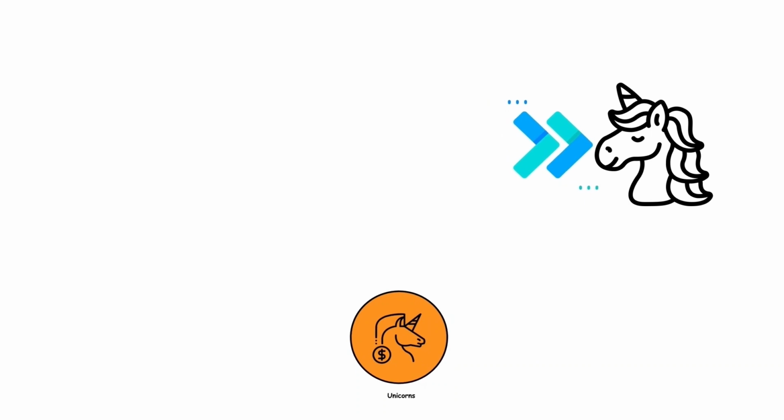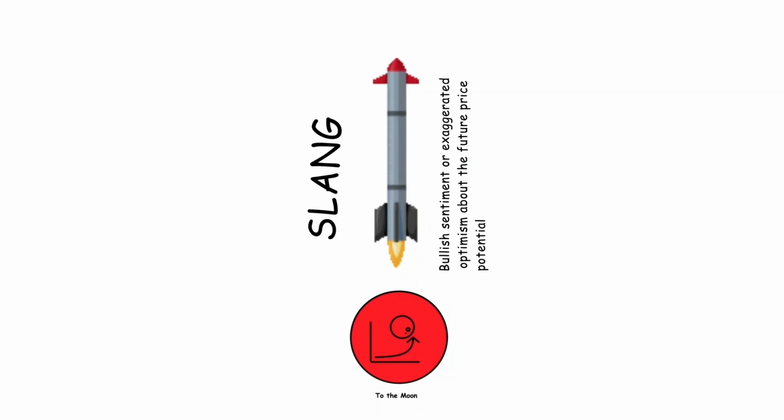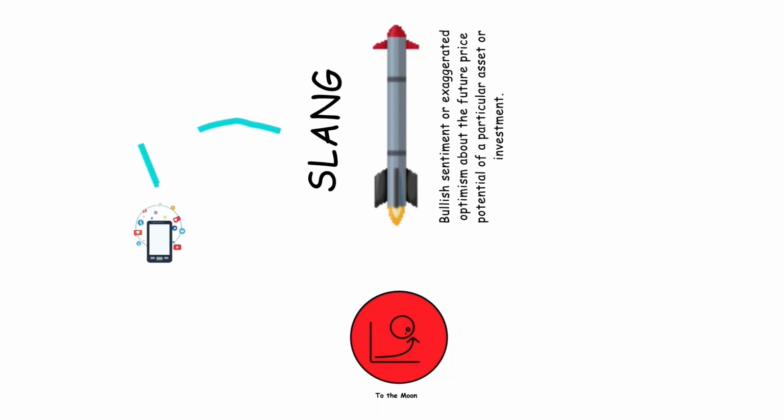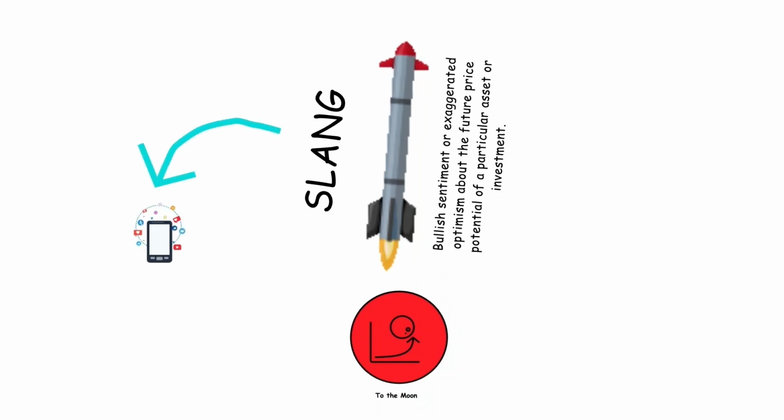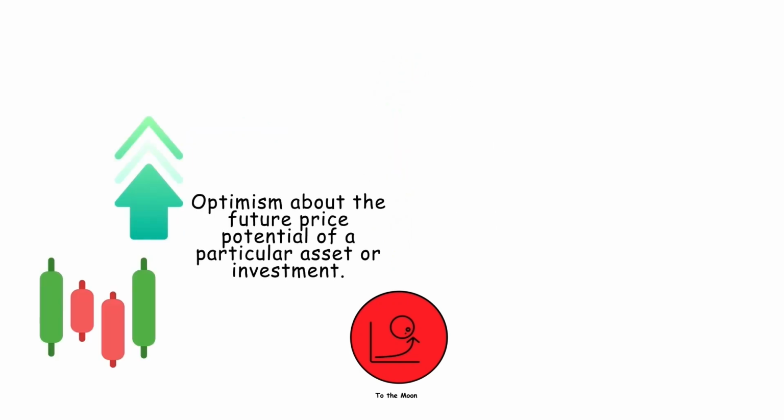Unicorns. In the financial and investment realm, unicorns refer to privately held startup companies with a valuation of $1 billion or more. To the moon. This is a slang term used in investment communities, particularly in online forums and social media, to express bullish sentiment or exaggerated optimism about the future price potential of a particular asset or investment.